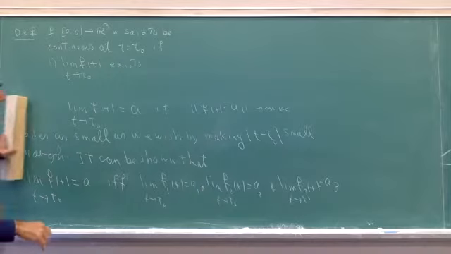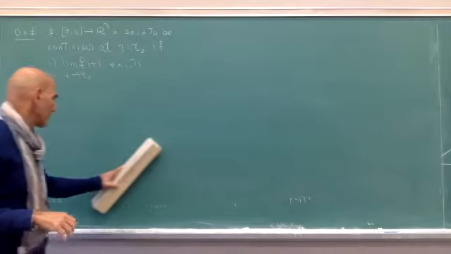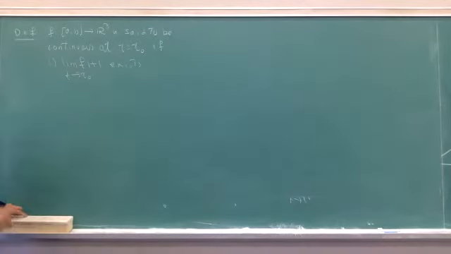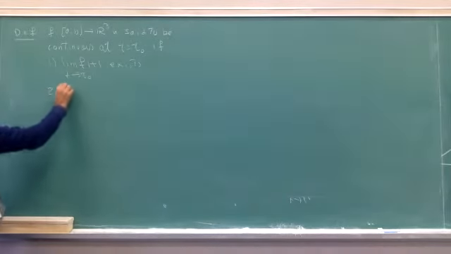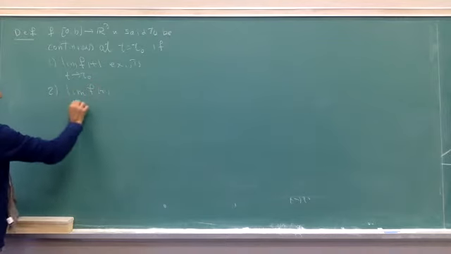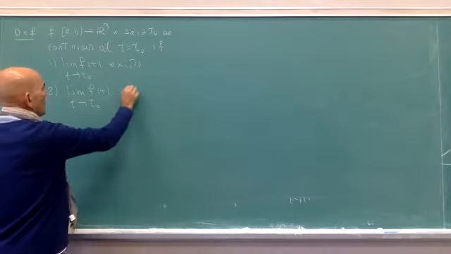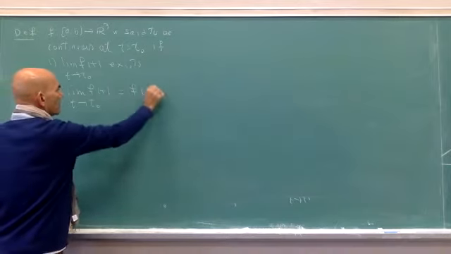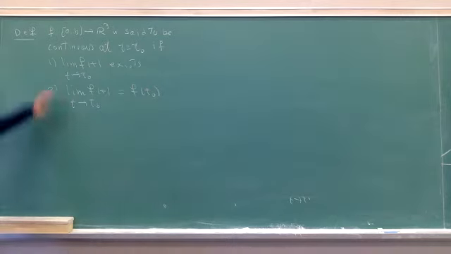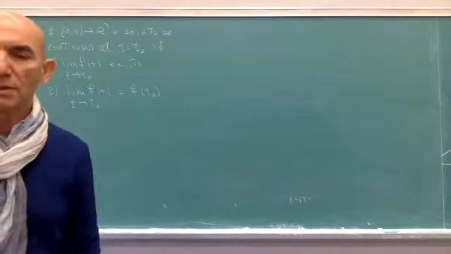So there are these two conditions. Exactly like the one variable case. And second, the limit of f of t as t goes to t0 is equal to f of t0. So these two conditions should hold.